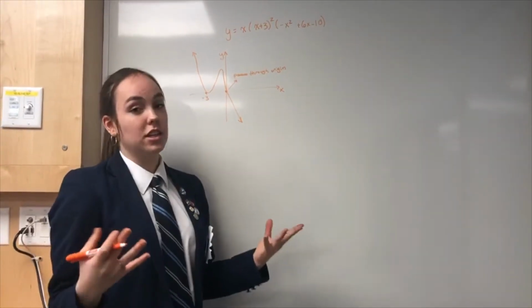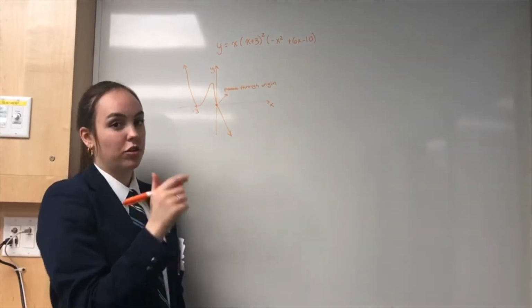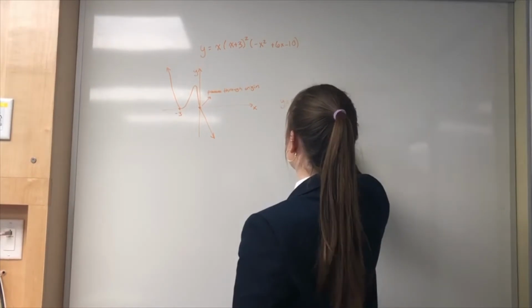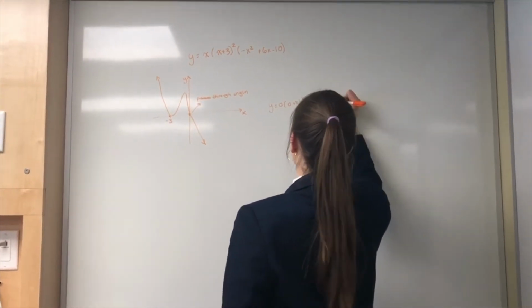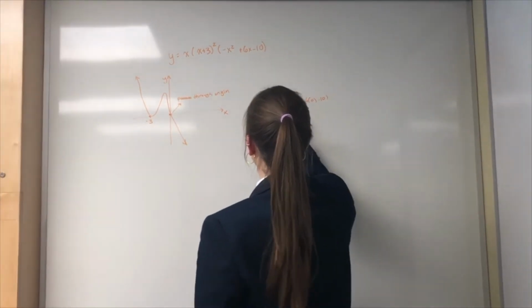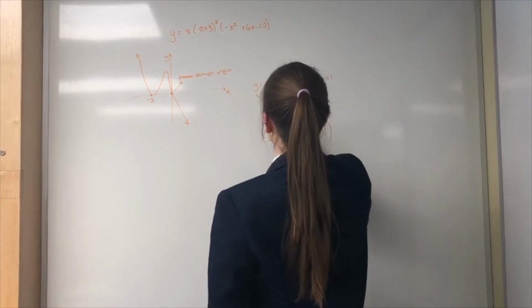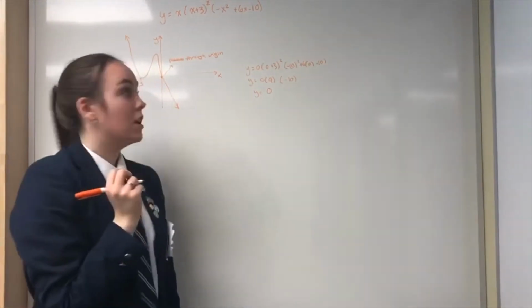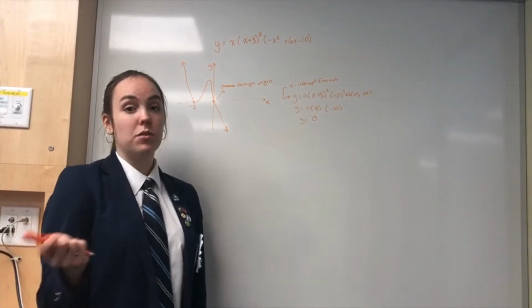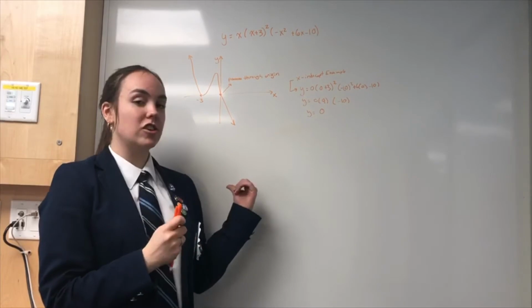And I can prove that easily by just making x 0 to find the intercepts. So then we can imagine when x becomes 0, y is also 0. So these are the intercepts for the function.